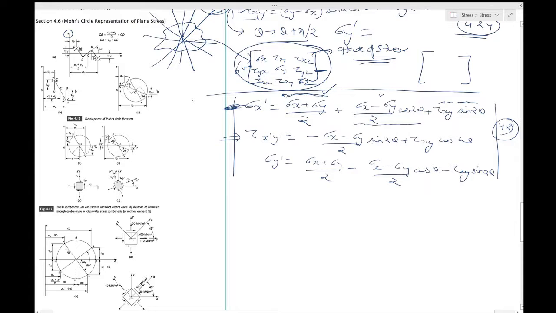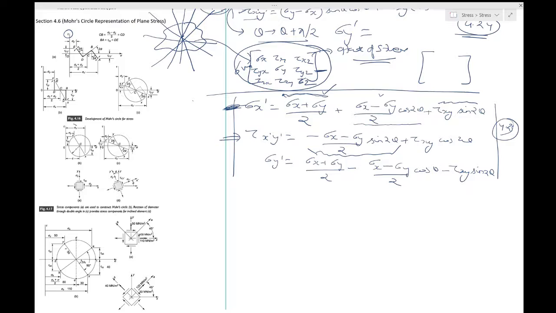The first term on this is what, minus sigma x minus sigma y by 2 sine 2 theta. The first term on the right of the equation of tau x dash y dash is represented by the vertical component of CB.